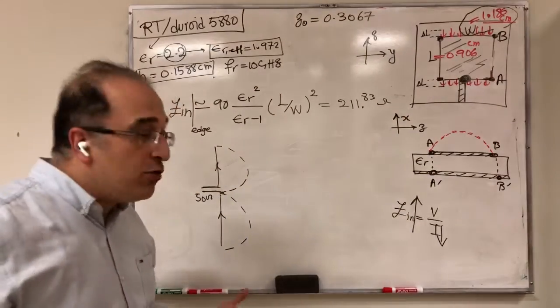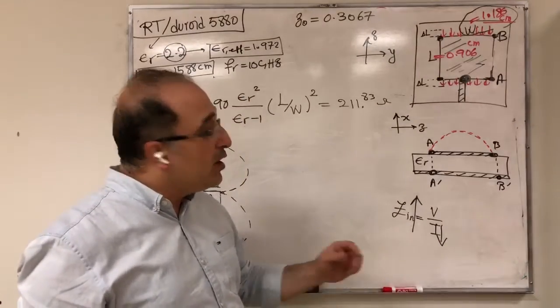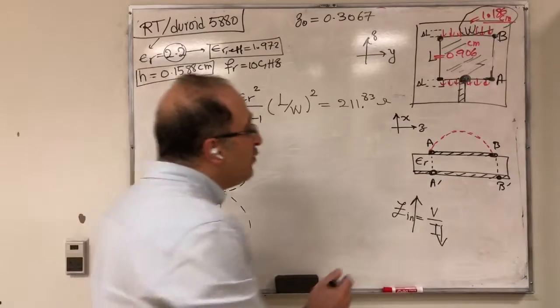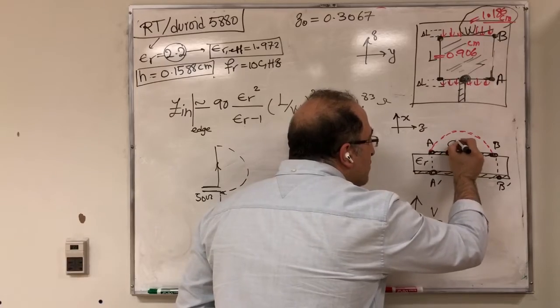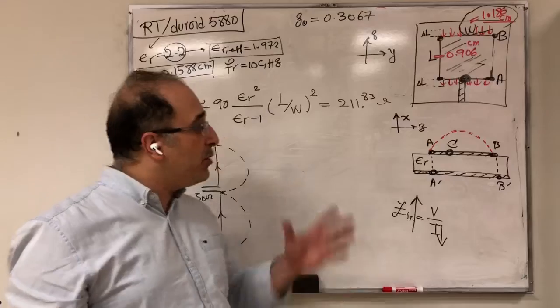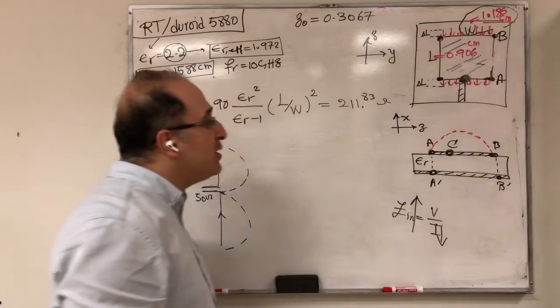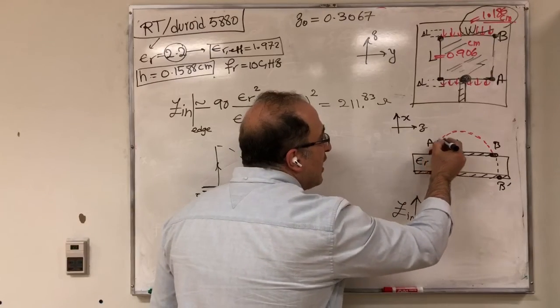So what's the solution? Maybe I should say, what's the problem? Current becoming very small. So how do you solve that? The current shouldn't be very small. So what you do is that you say, okay, if I had the opportunity to feed at point C, it might seem impossible at this point, but we're going to talk about that. If you had the opportunity to feed at point C, what would happen? The current will rise from zero and it comes here.